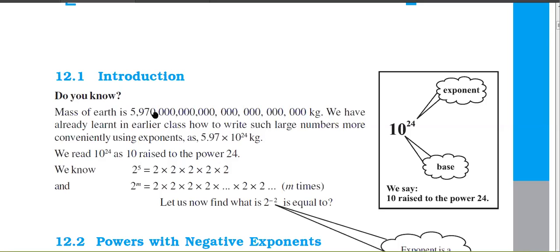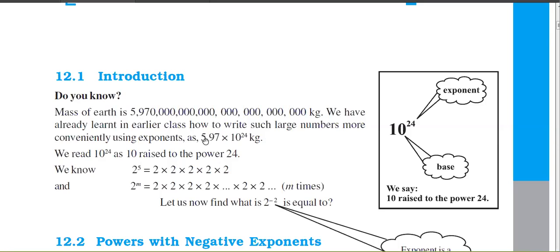And in order to represent it in the scientific method of presentation, you used to put a decimal point, and to the left of the decimal, you put a one digit only.